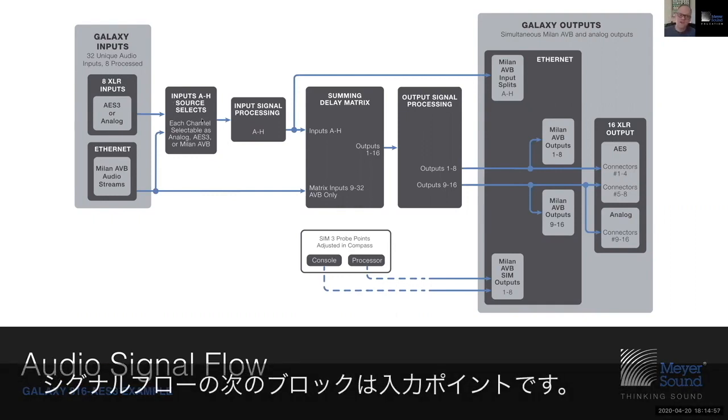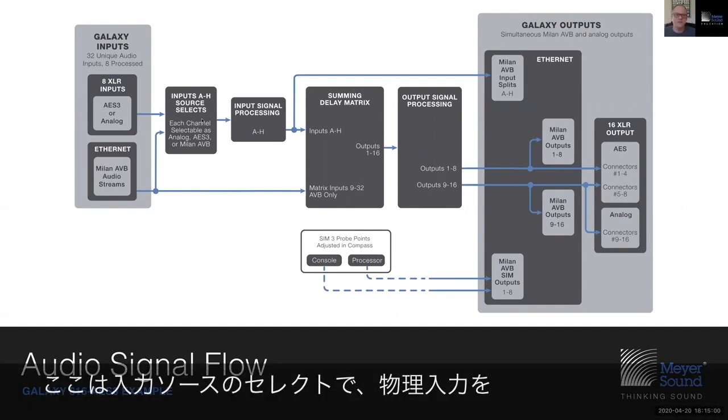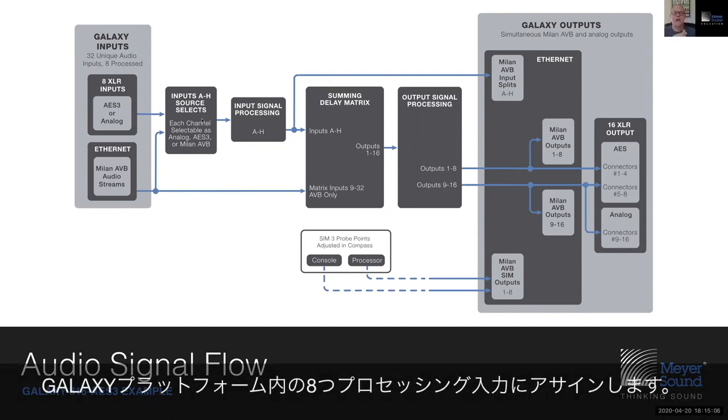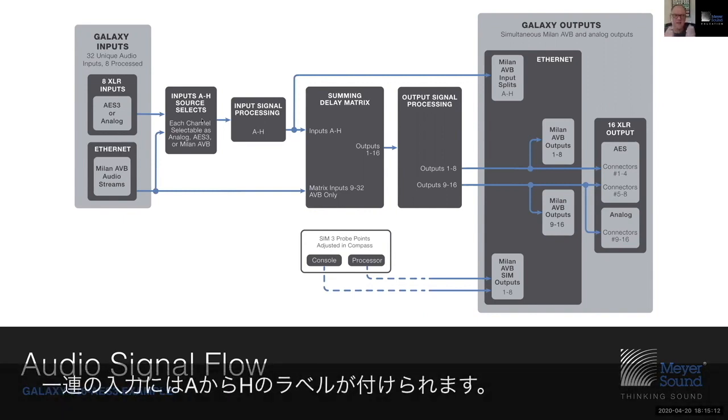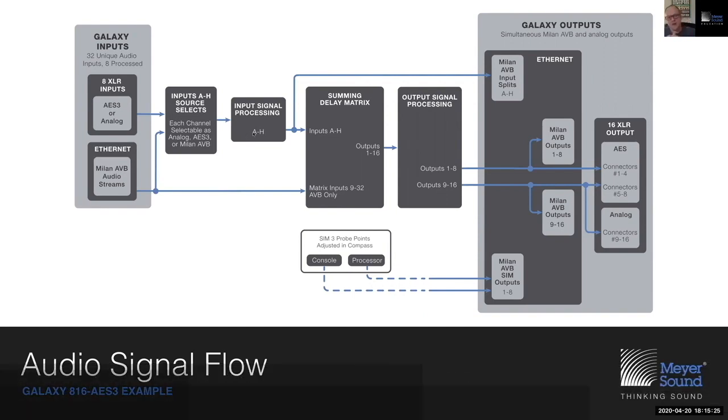The next block in my signal flow is the ingress point. This is basically my input source select. This is where I assign any of those inputs to the 8 processed inputs that we have available within a Galaxy platform. So that's where I assign the physical inputs to the input signal processing, 8 channels of input signal processing, labeled A through H, as we're about to discover.